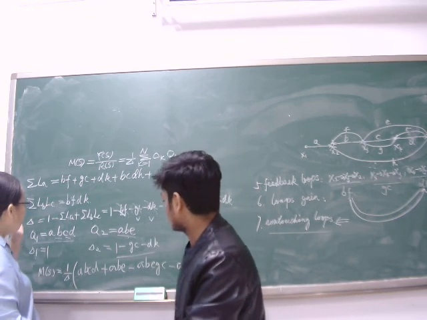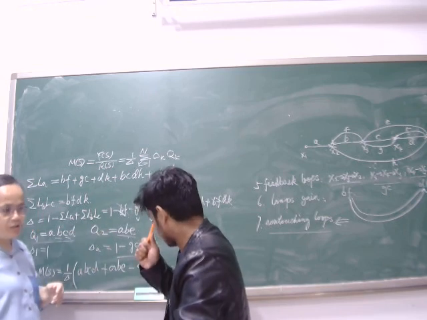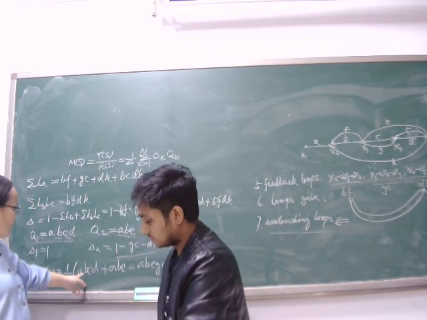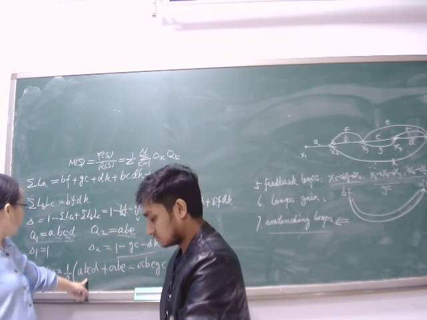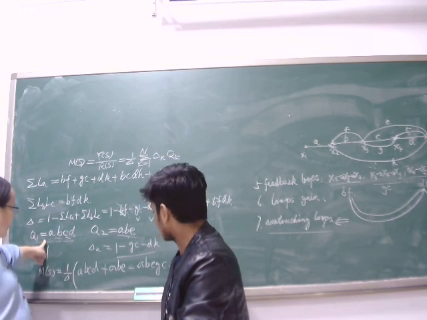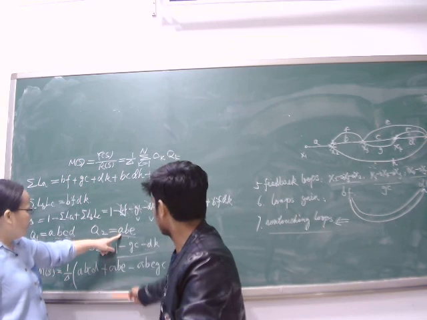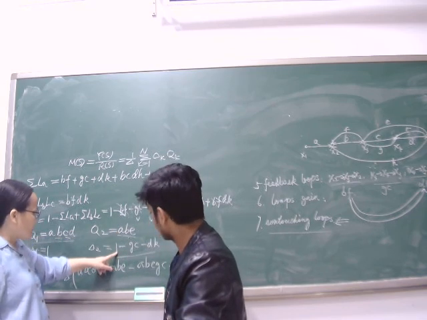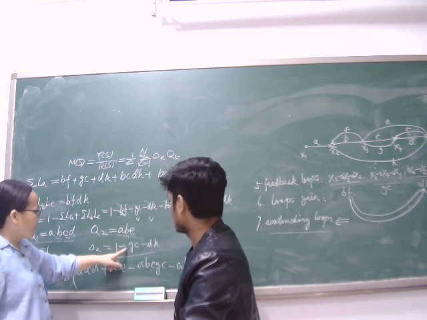So the touching loops you should delete. ABE, ABCD, ABCD. This is ABCD. And the second is data 2, Q2 times data 2, ABE times 1, ABE times minus GC.